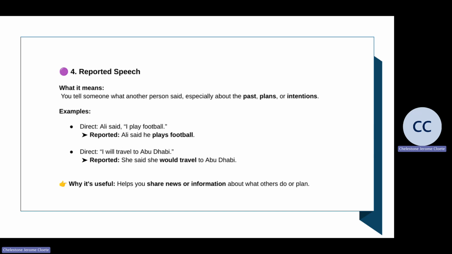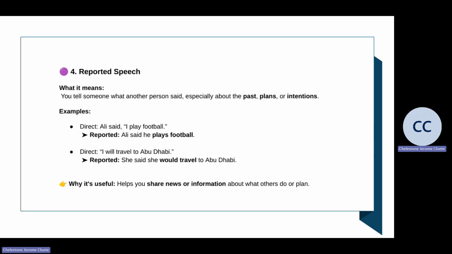I becomes he because I'm talking about Ali. If it is a girl or female person, you say she said, or the girl said she plays football.